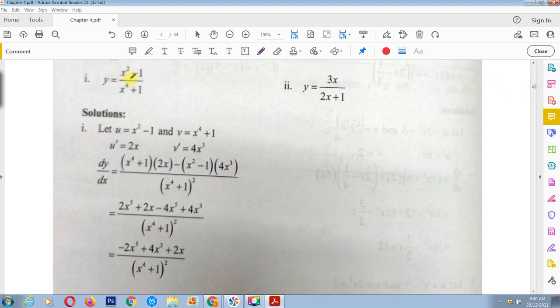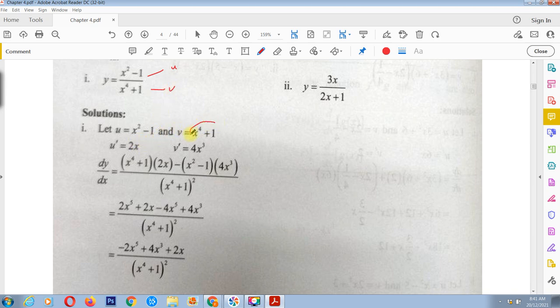Okay, so example here, if you have this function, we define this is u, this is v. So u is x square minus 1, v equals x to the power 4 plus 1. So differentiate, we get u prime, 2x. V prime equals 4x cubed. So we will have, okay, first is copy v.